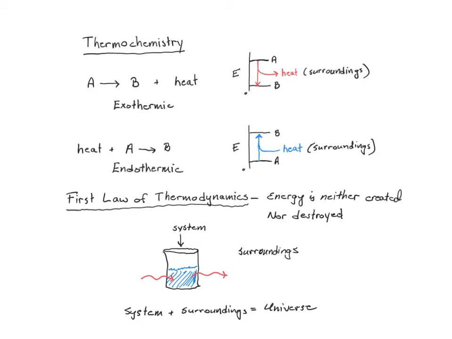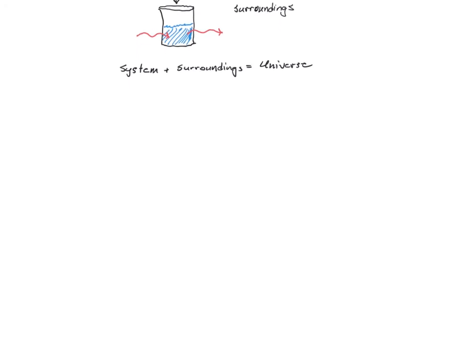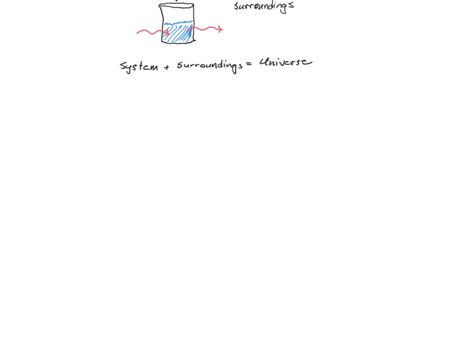Okay, so if you think about it, if there's only two parts of the entire universe, the system and the surroundings, and we're interested in the transfer of heat from the system to the surroundings, what this tells us is that energy in the form of heat can be only in one of two places.